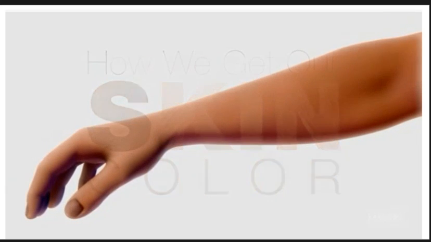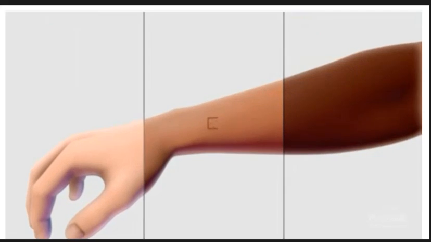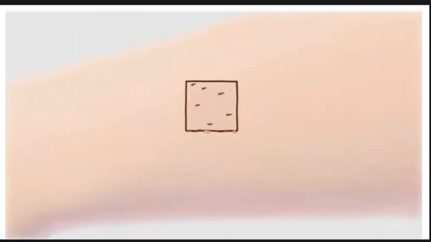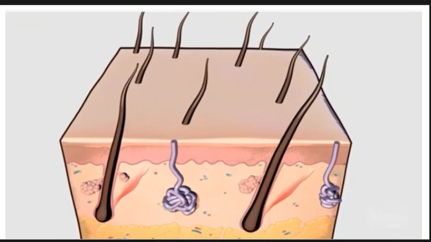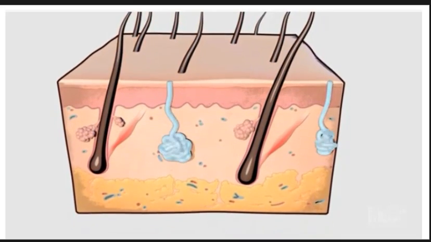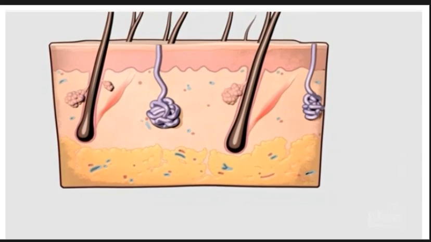Skin covers all our bodies, but its color varies from person to person. To understand why, we need to peer inside its layers. Skin cells and their allies, hair, sweat, and oil glands, form a first line of defense from the environment.